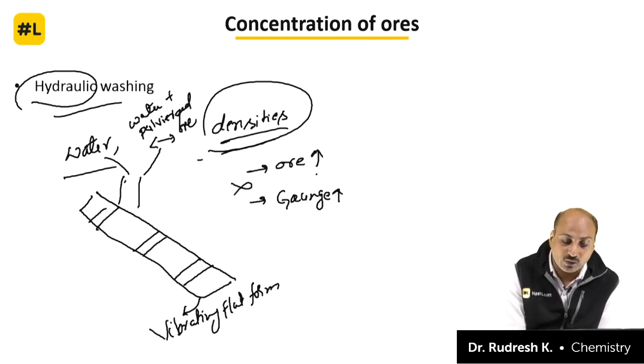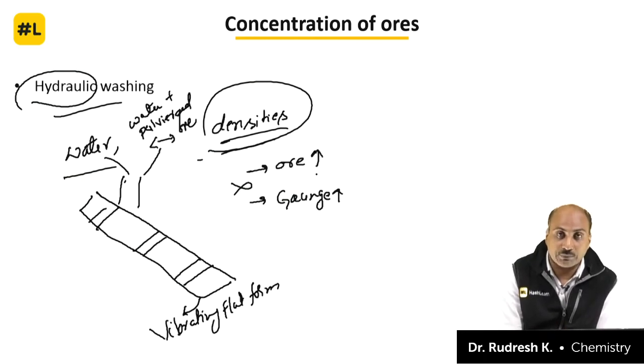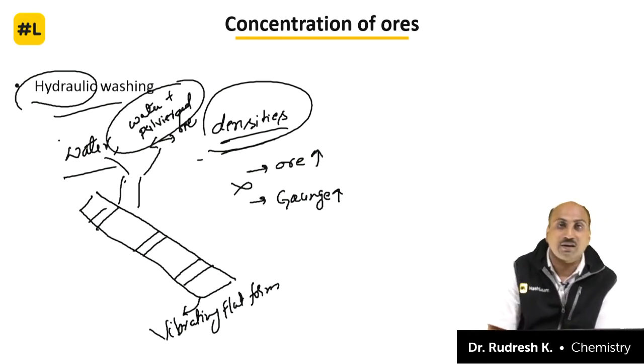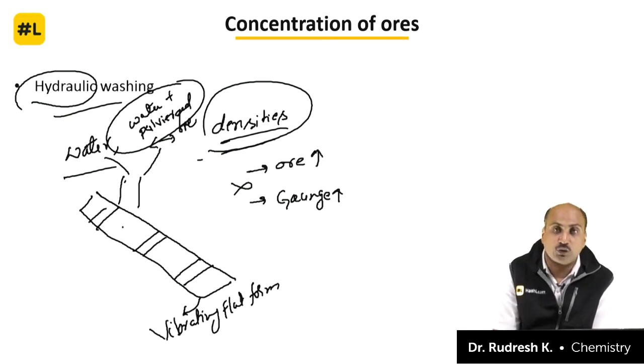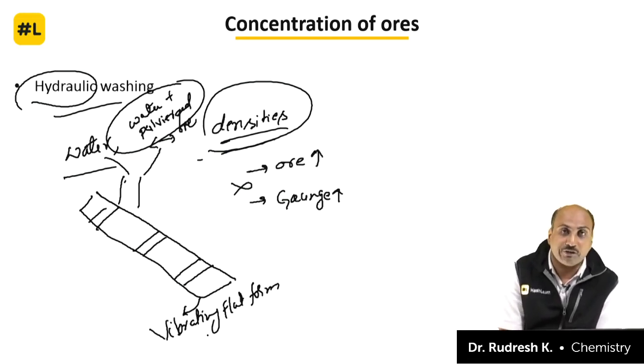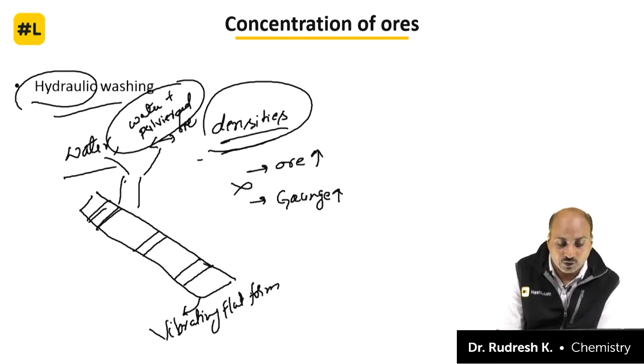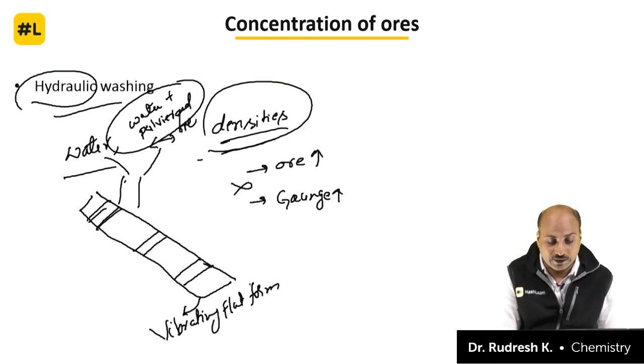One should have a higher value and one should have a lower value. That means the difference in densities between the ore and the gangue is made use of in this process. The moment we make a slurry of this and allow it to pass through this waffle vibrating table, the heavier particles settle in the groove, and the lighter particles flow off the table and are collected in a separate heap.